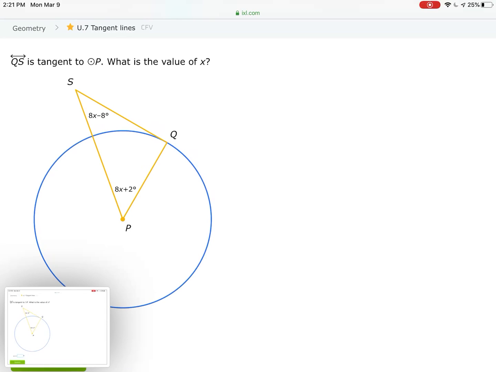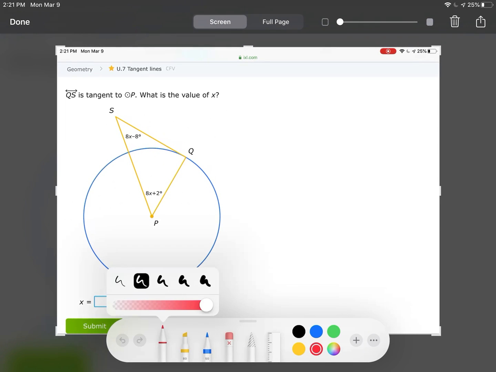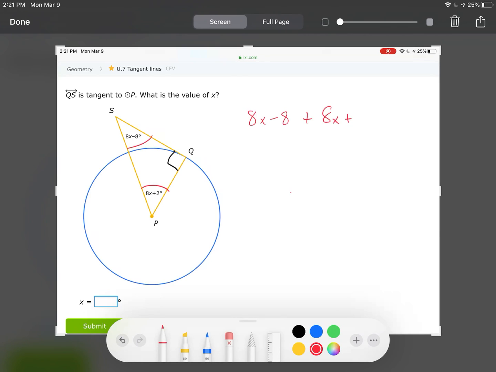So for this equation, it's the same scenario. SQ is tangent, which makes this angle 90, which leaves another 90 degrees between the both of those, S and P. So that means that 8x minus 8 plus the other one, 8x plus 2, should be a total of 90 degrees.